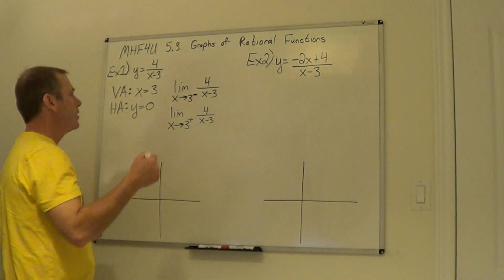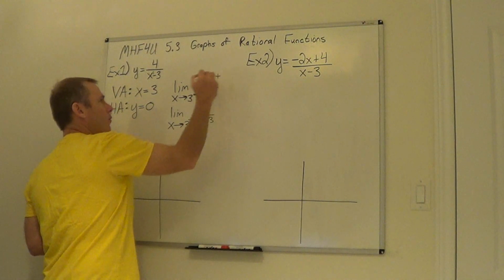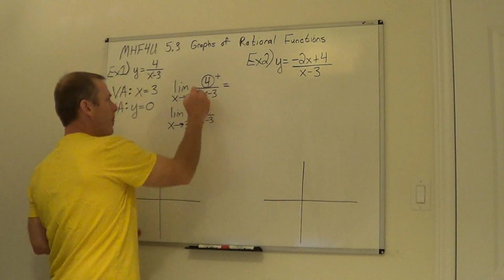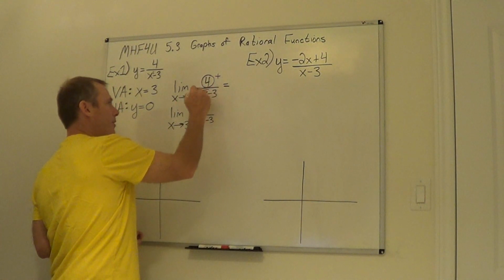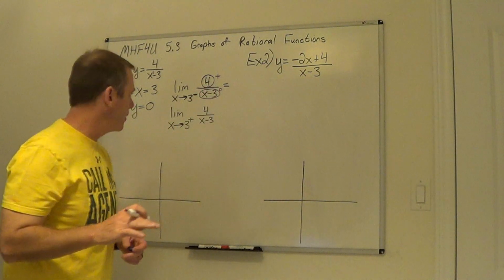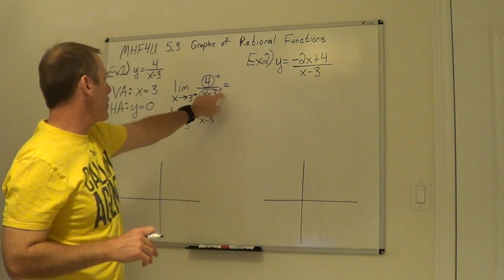Alright, so now the top. It's a 4. It's going to be a positive number. Now the bottom, if I plug in a 3, this thing is going to be 0. And again, you can't divide by 0, but we're doing limits, a little bit different. What happens to this just before it hits 0?